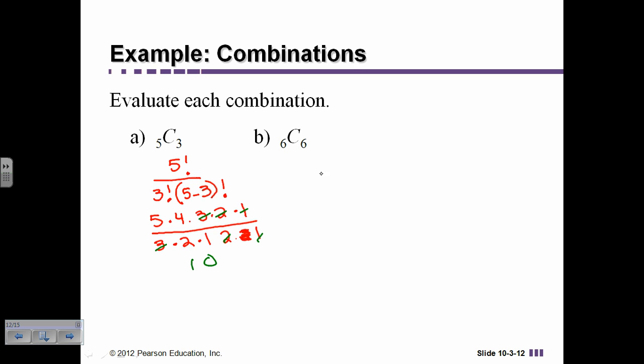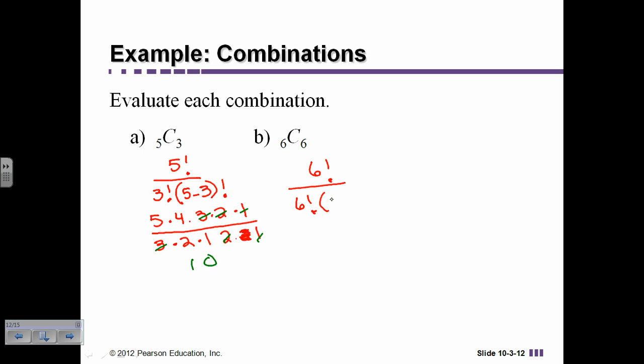Do the same thing here. I have 6 things and I want 6 items in the 6 choose 6. So if you think about that, if I have 6 items and I want to choose 6 things from the 6 items, there's only one possibility for how that can happen. So we're going to see how that works out here.